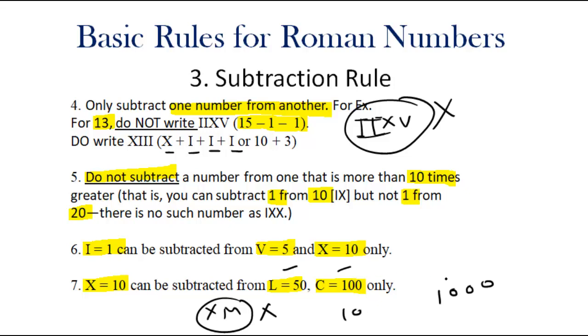It cannot be subtracted from 1000 because 1000, that is M, is 100 times greater than X. So using the subtraction rule, we can write many combinations in the Roman numerals.